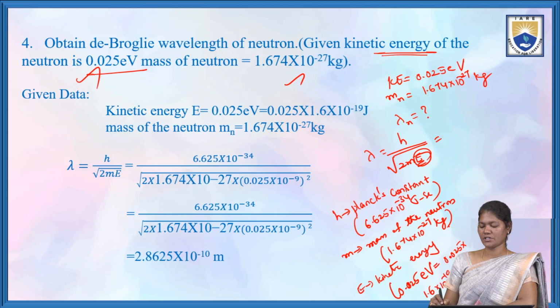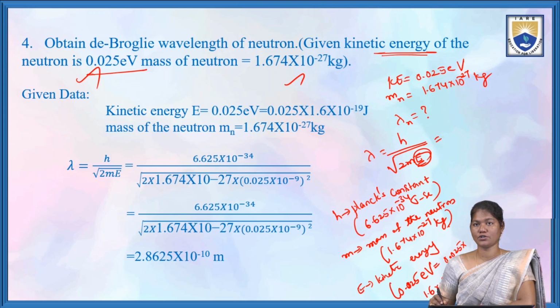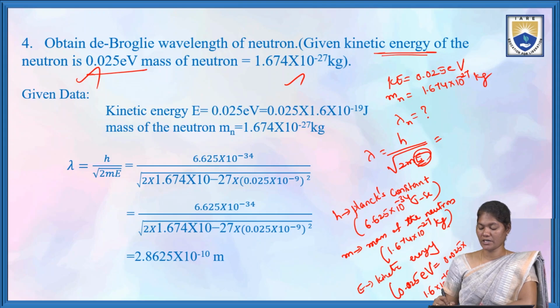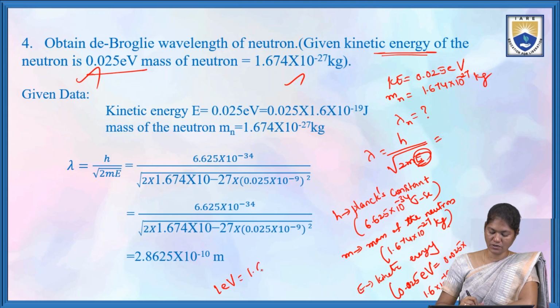So converting into joules, 0.025 electron volts is equal to 0.025 × 1.6 × 10^-19 joule.